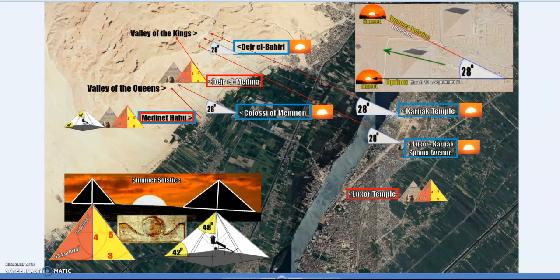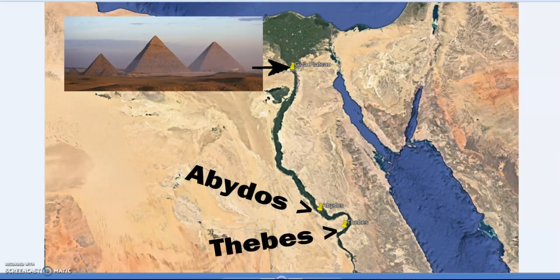Yes, okay, so the Theban complex, it is embedded with this. We also saw it at Abydos, and we're going to see it in other places as well. Beginning with the Giza Plateau and the famous pyramids, they all exist on the Nile. Egypt is the Nile. It is the spine of the civilization.